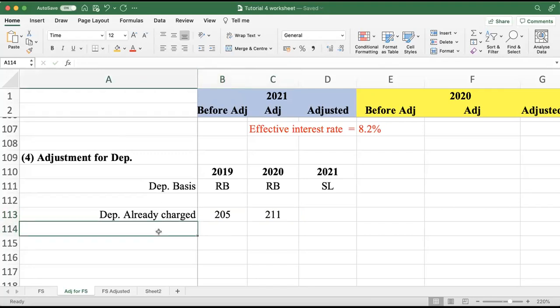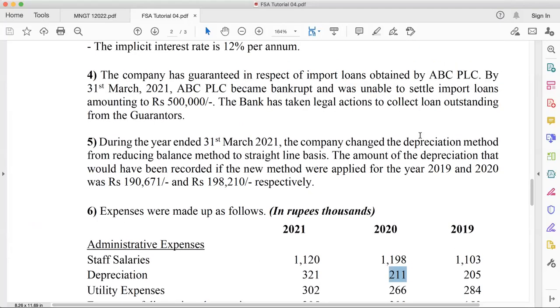You compare this with depreciation on straight line basis. You see the question.